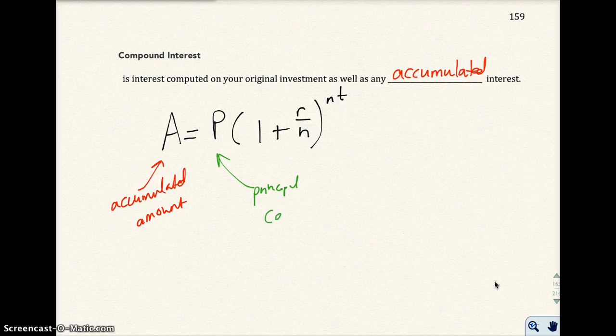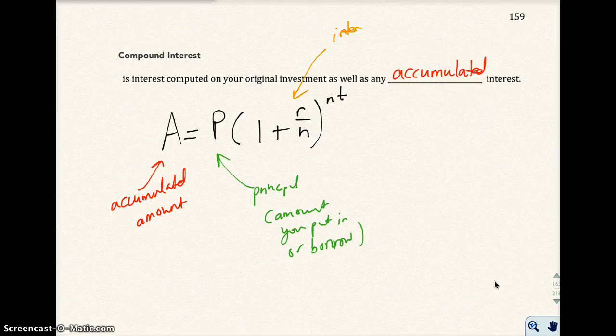That's the amount you put in or borrow. So in the bank, you can either borrow money or you can put money in. That's the initial amount that you put in or borrow. R is the rate, the interest rate per year. It's percentage per year, and that is as a decimal. So if you have like 5% interest, it'd be 0.05.